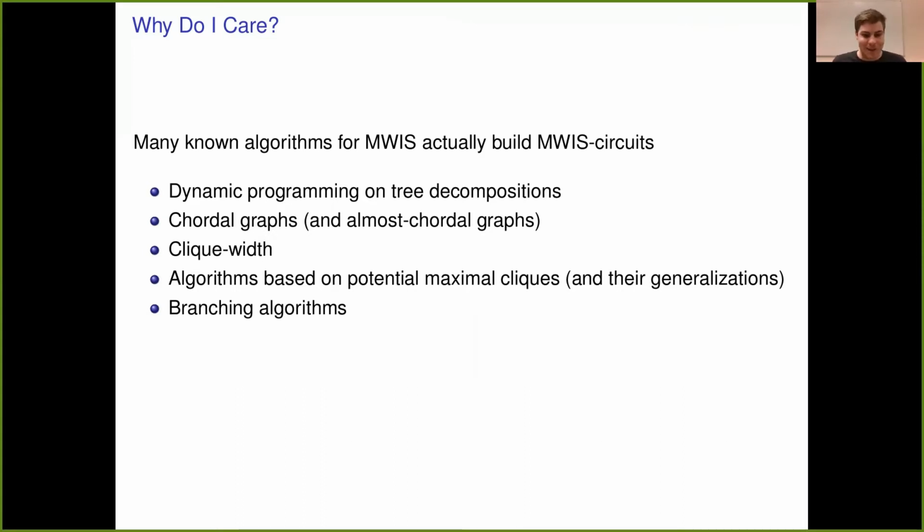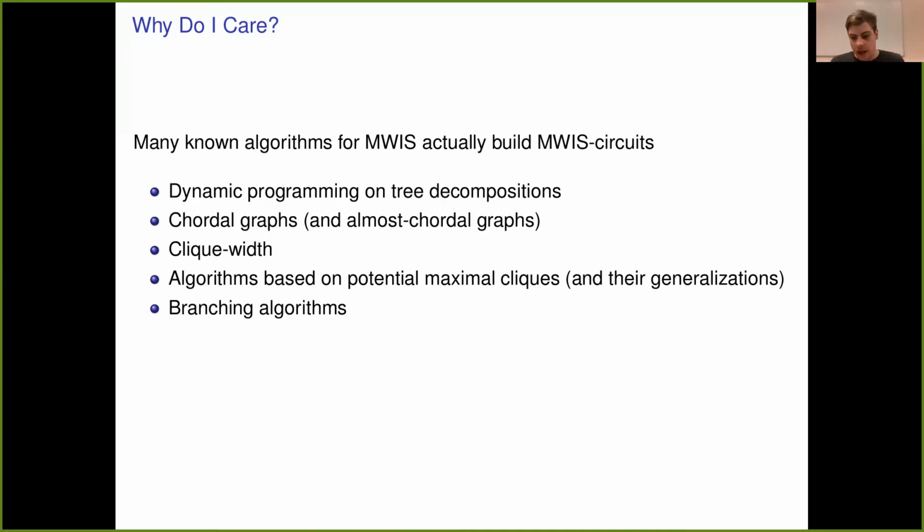Of course the algorithm doesn't explicitly build this circuit, but if we analyze what happens in the algorithm, we find that it doesn't do any decisions based on the weights, but only decisions based on the structure of the graph, and then combines the weights with very simple operations of maximum and plus.